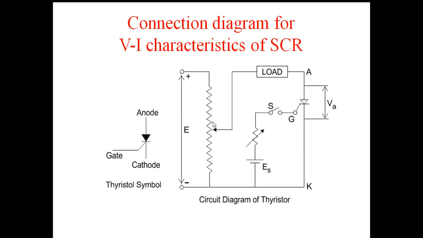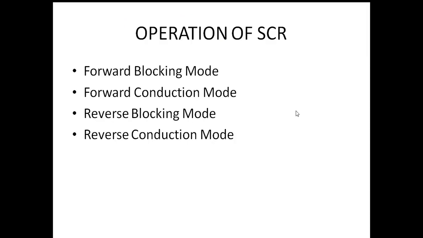Now we are going to observe the operation of the SCR mainly in two modes, forward mode and reverse mode. The operation of the SCR will be in four modes: two modes in forward and two modes in reverse.